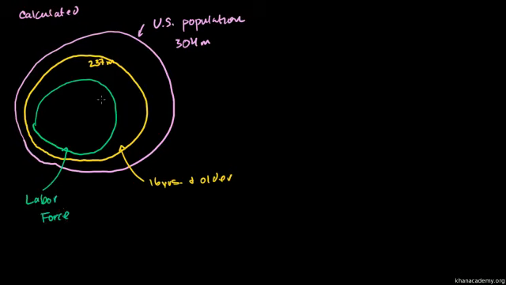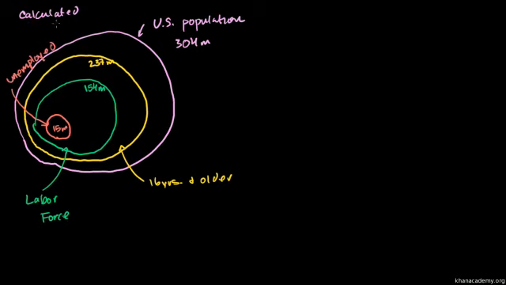And as of November, if those numbers I just saw were right, it's 154 million people. And then there's a subset of the labor force that the Bureau of Labor Statistics considers unemployed. I'll do it in orange. The latest numbers are about 15 million unemployed.